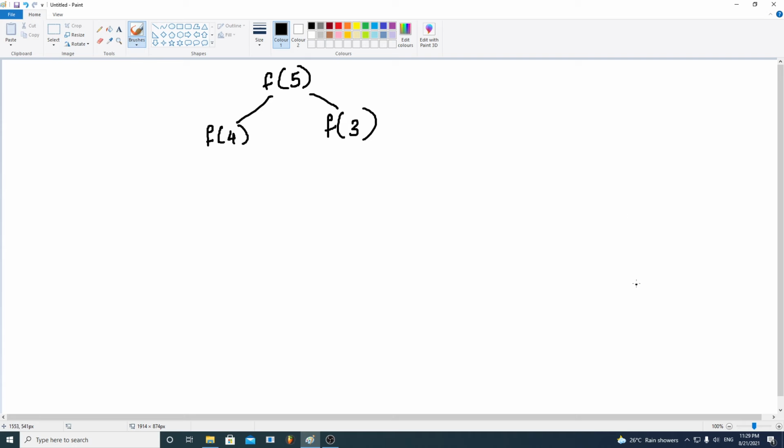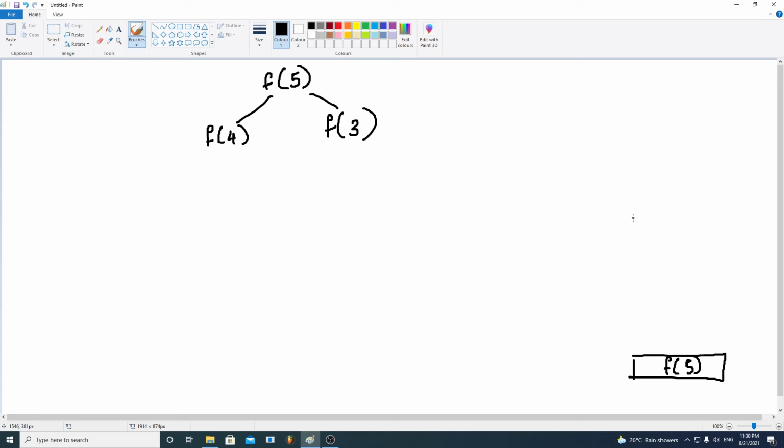If we stack, the first function that is going to be called is f of 5. Why am I writing it down? It is because in a stack, the function that is going to be called first is the one that is present at the top. So it follows the formula of LIFO, that is last in first out. The function that is put in last will be called first.